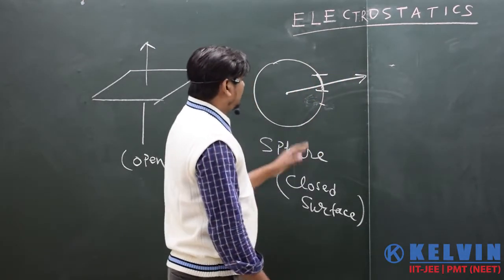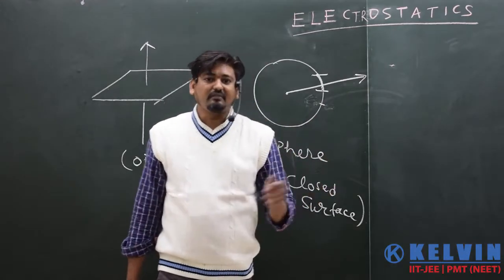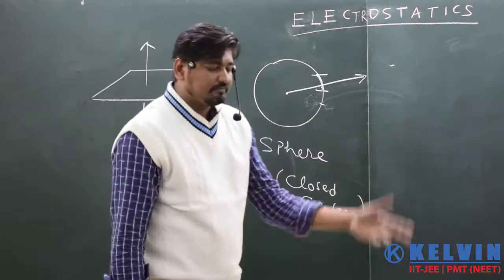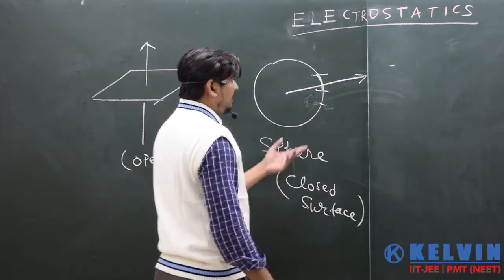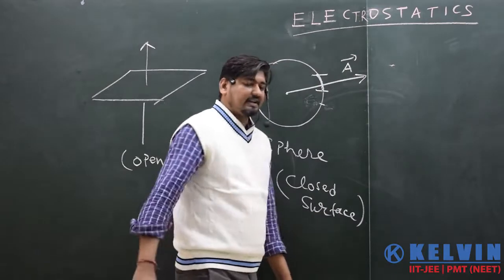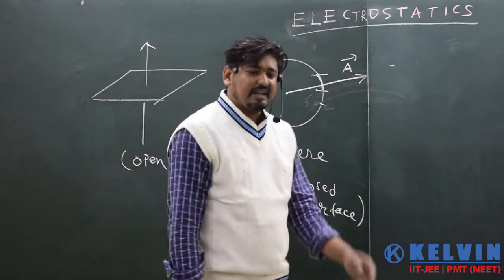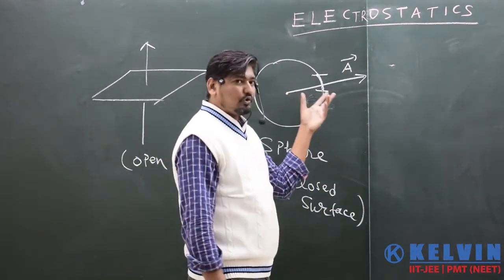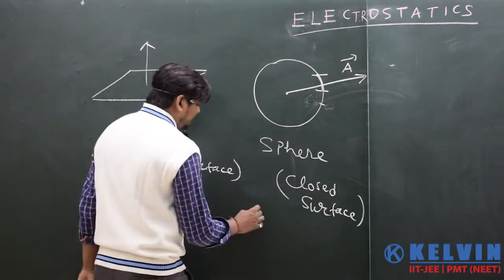So the convention of the area vector for closed surfaces is very simple. Outwards normal is taken as the direction of the area vector for a closed surface. So what is our convention?